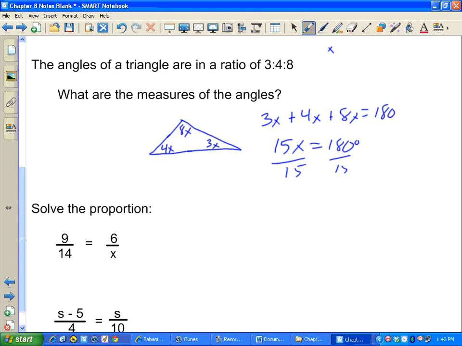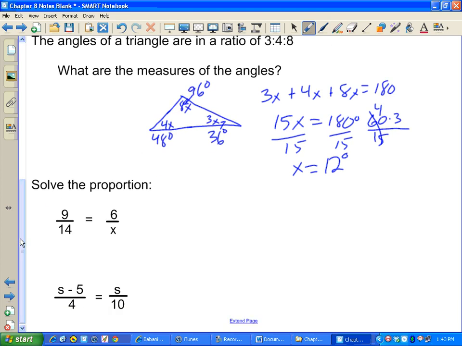If I divide by 15, I will get, let's see, 15 goes into, this is 60 times 3. 60 over 15 is 4. 4 times 3 is 12. So x is 12 degrees, which means this angle would be 36 degrees. This would be 48 degrees. And this would be 96 degrees. And that adds up to 180.